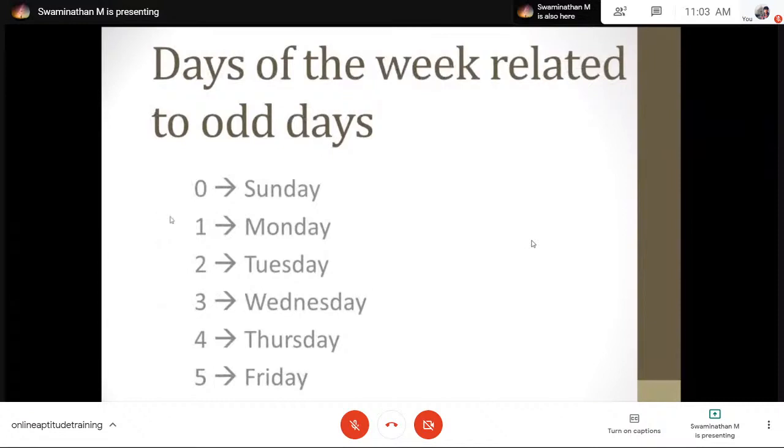If the first day is Sunday and the duration has 0 odd days, then the next duration will start on Sunday. For example, if a duration of 14 days starts on Sunday, it has 0 odd days, so the next duration will start on Sunday. So map it like this: 0 for Sunday, 1 for Monday. We will see examples and you will get to know a lot.